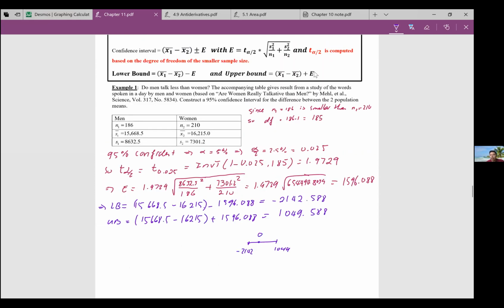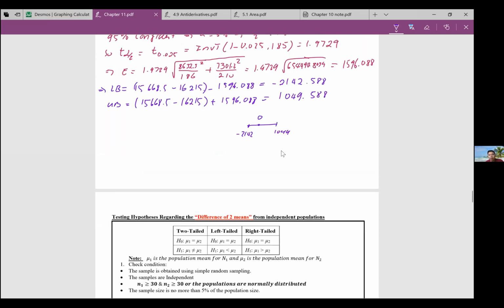You can see here x bar for the man would be 15,668.5, and for the woman will be 16,215, and then 8632.5, and 7301.2. So that's the information we will use to do the hypothesis testing, right?